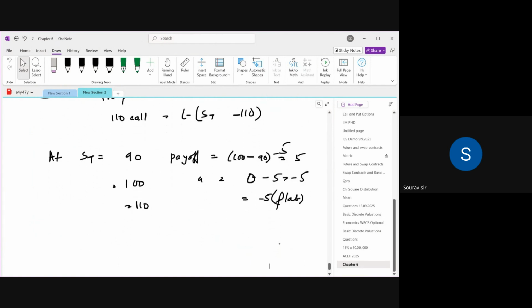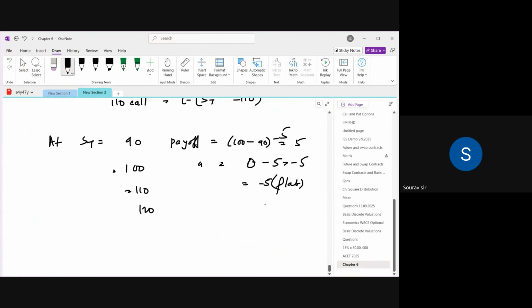At 120, minus 10, minus 5. So that is minus 15. So the long put protects downside below 100, but we pay a cost. The short call caps upside beyond 110, making a loss. And unlike a protective collar with stock holding, here it is a pure option collar. So 100-110 collar cost 5 initially, maximum loss unlimited.